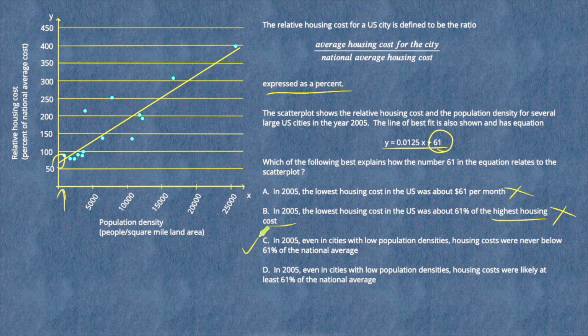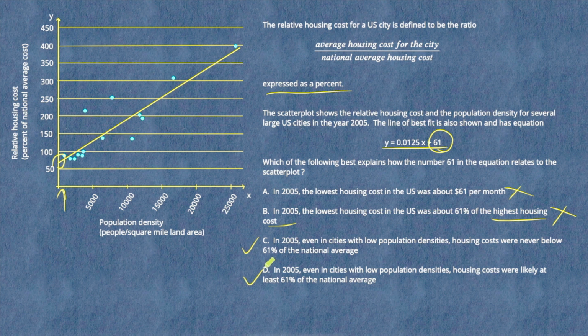Let's look at D. In 2005, even in cities with low population densities, housing costs were likely at least 61% of the national average. Okay, so this is also a likely answer. So now we have C and D, which look like good choices, but only one of them is correct. So now we need to pick one of the answers.